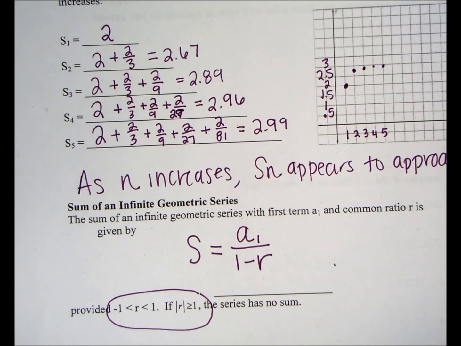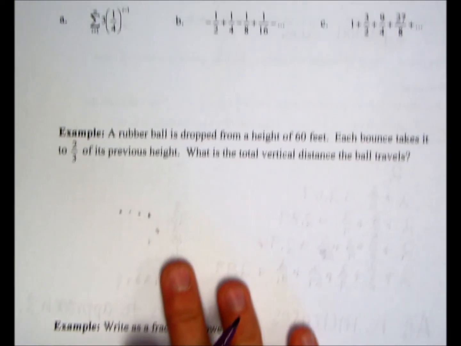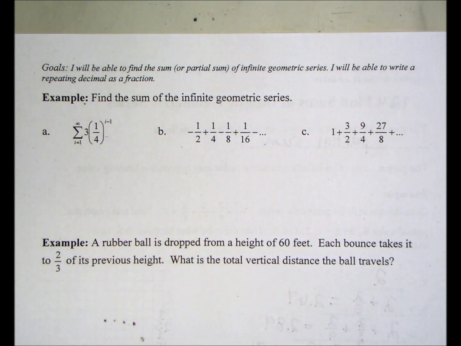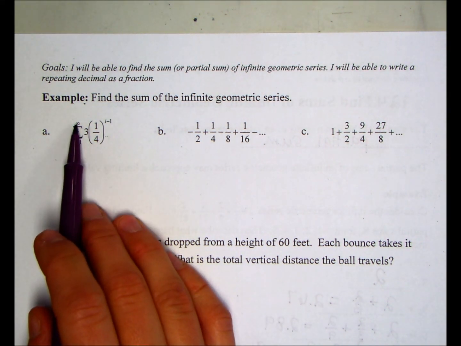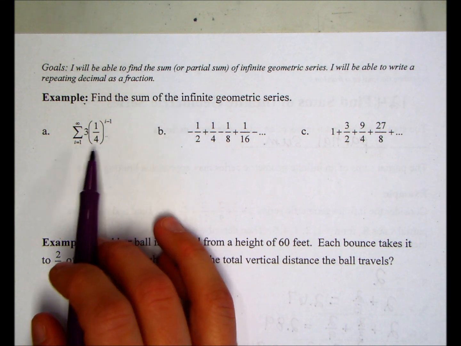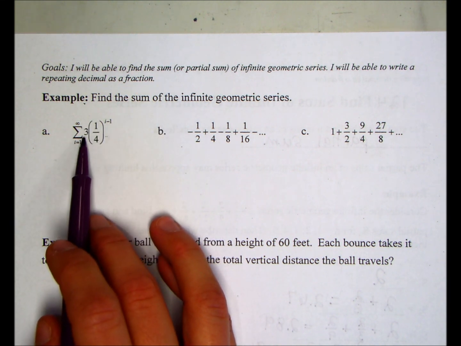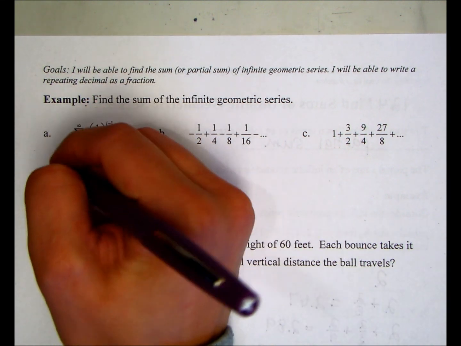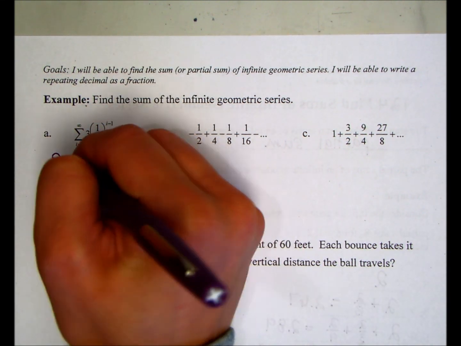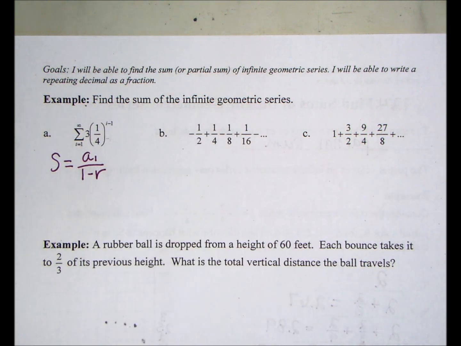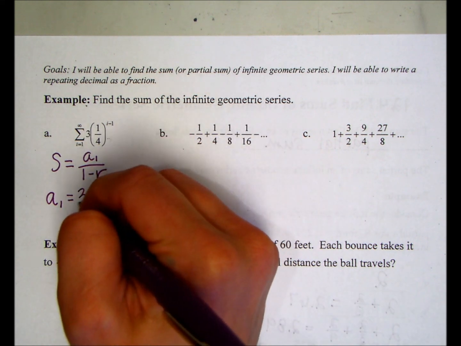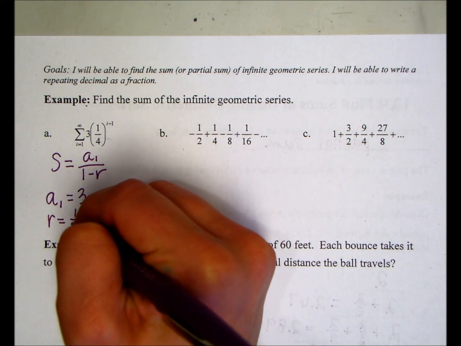So let's go on and actually find the sums of a few infinite geometric series. If I look at the first one, I'm starting at 1, it's going to infinity. That means that it's an infinite series. I know it's geometric because of the way that it is set up. Here, if I'm going to use S equals a sub 1 over 1 minus r, two things that I need: a sub 1, which we know is 3, and my r, which is 1/4.